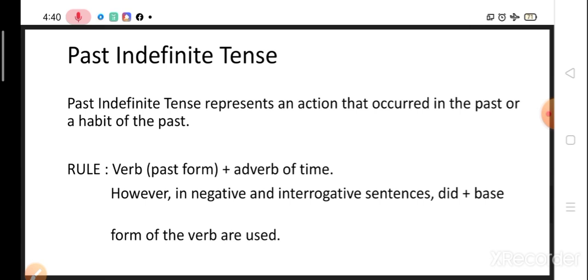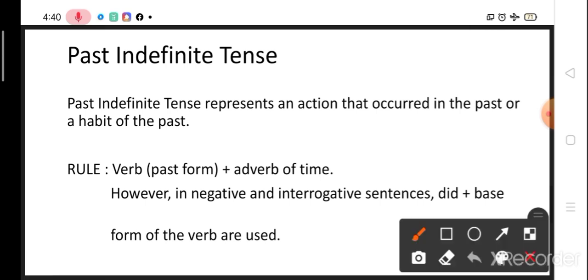Past form of the verb plus the adverb of time. Now it sounds difficult, but it is very easy. However, in negative and interrogative sentences, did plus base form of the verb is used. Okay. So again we have a different rule for a negative and an interrogative sentence.